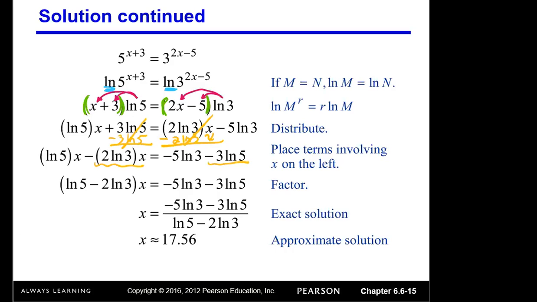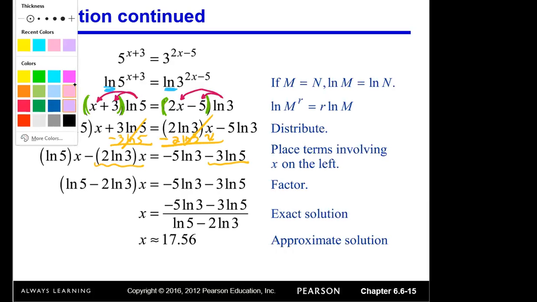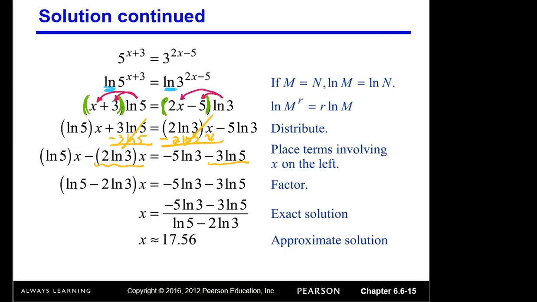They did it on both sides. And then when you get your two terms with x's on the left, you're just going to factor out the x. You've got ln of 5 times x minus 2 ln of 3 times x. So they factored the x out.